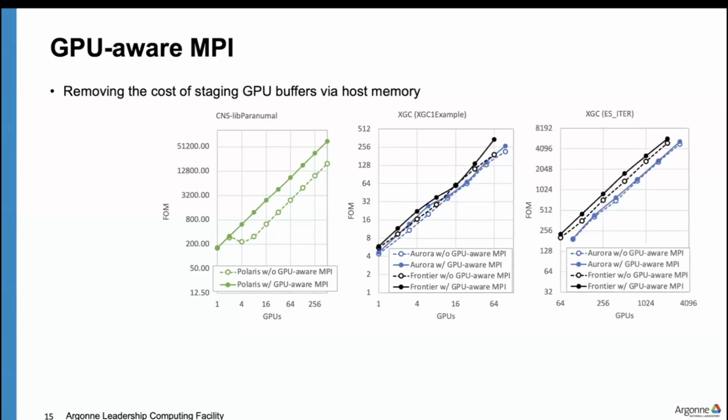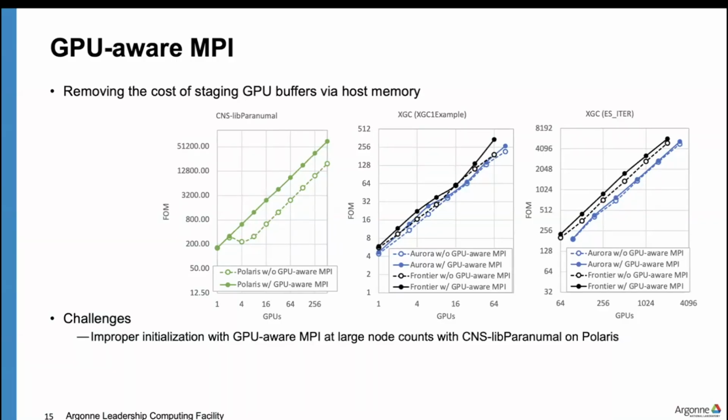And for XGC with two inputs, comparing with and without GPU-aware MPI, in every case GPU-aware MPI is better. But it's not a free lunch. It's available on multiple systems, but depending on the case, it's still somewhat buggy. In the CNS case, with some number of nodes, 120 nodes I think, we got errors with improper initialization, so our application developers needed to identify the bug and fix the problem.